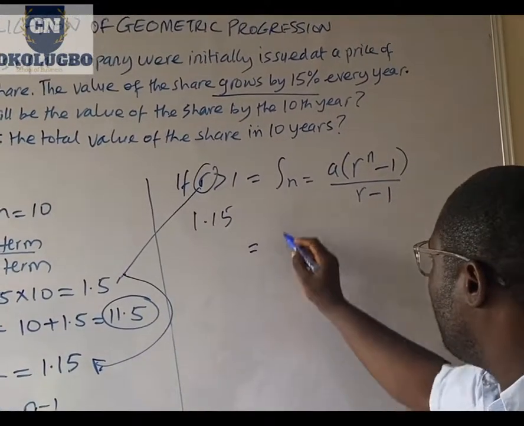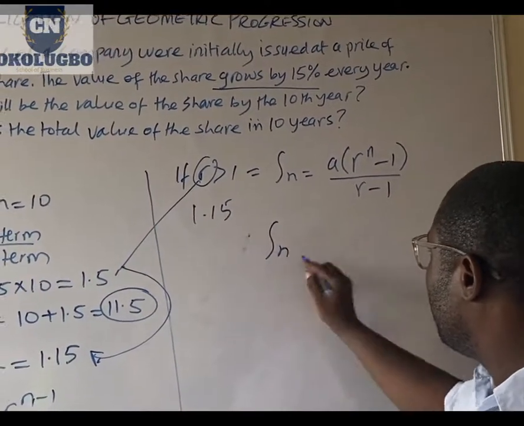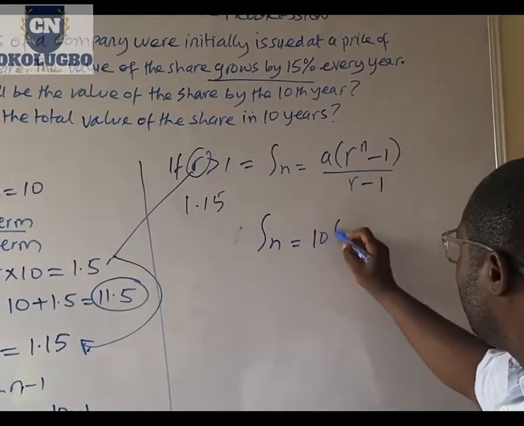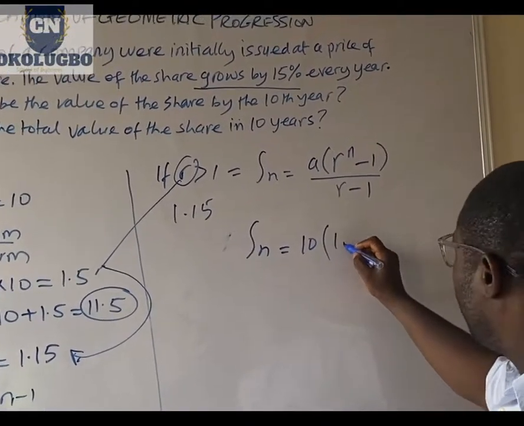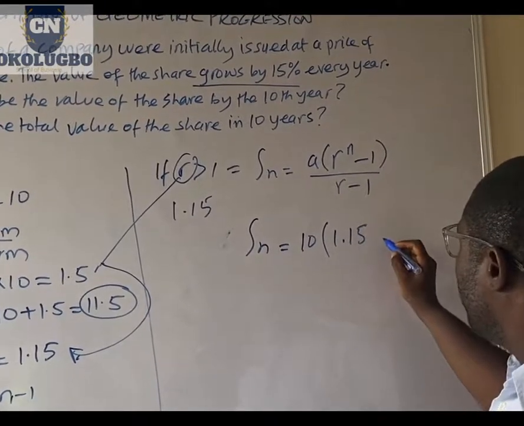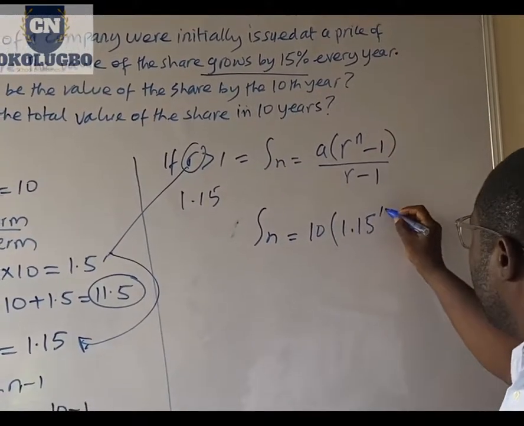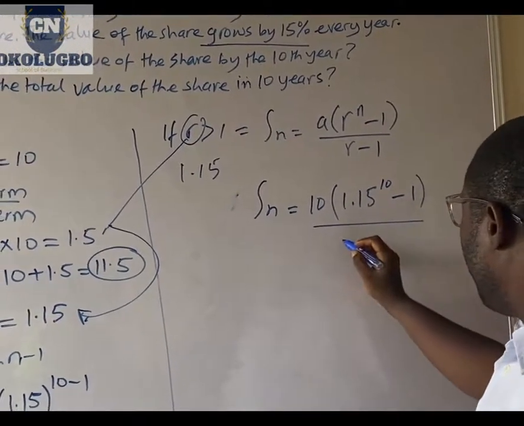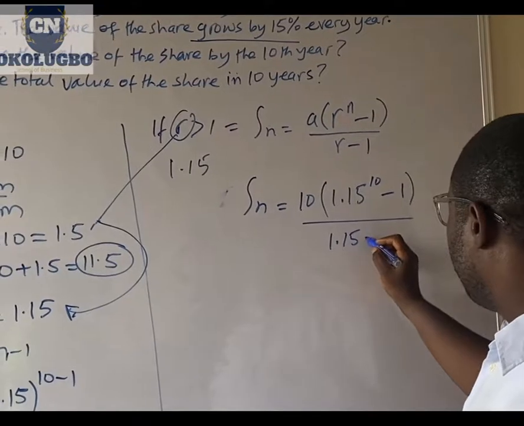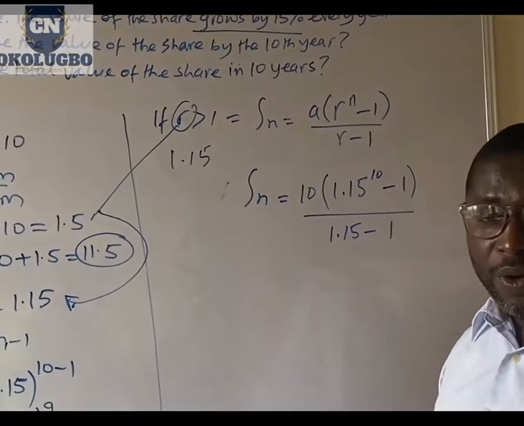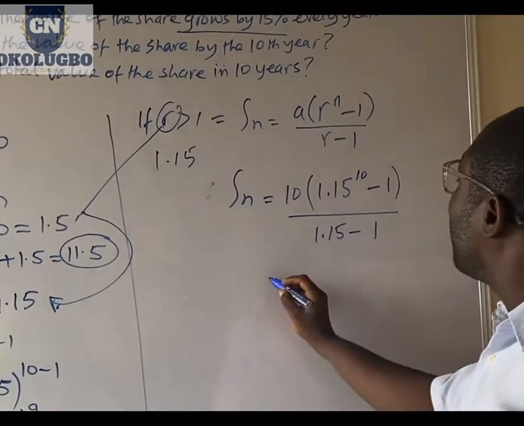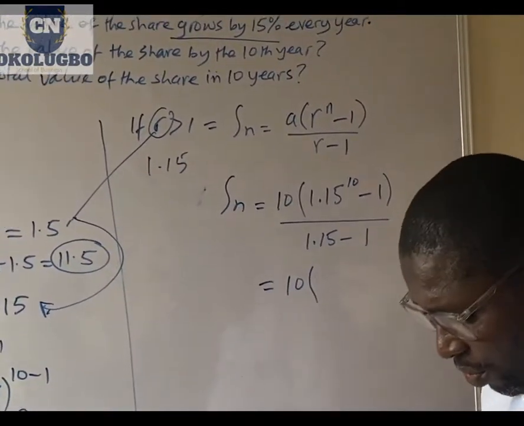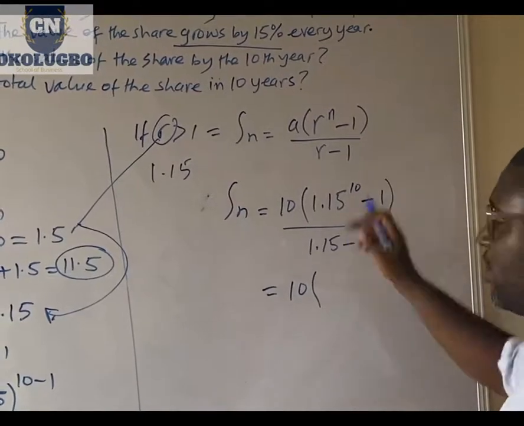So to get the sum, Sn, of the GP, A is 10 into 1.15 raised to power n, which is 10, minus 1, close bracket, divided by 1.15 minus 1. Are you following? Okay, let's solve that together. We now have 10 into 1.15 raised to power 10.